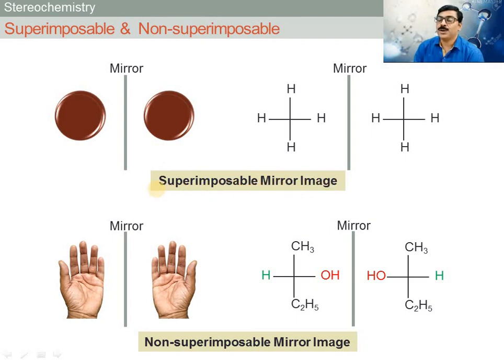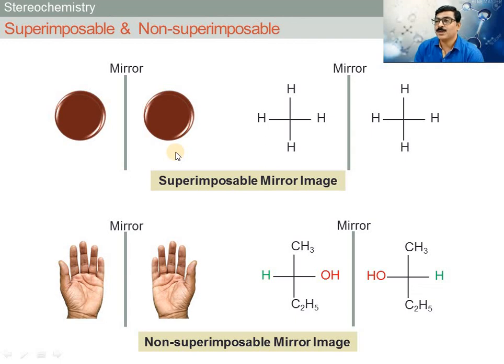Means if you overlap the ball and its image, then it is identical. Any object in circular, spherical or cylindrical shape forms a superimposable mirror image, means an identical mirror image.